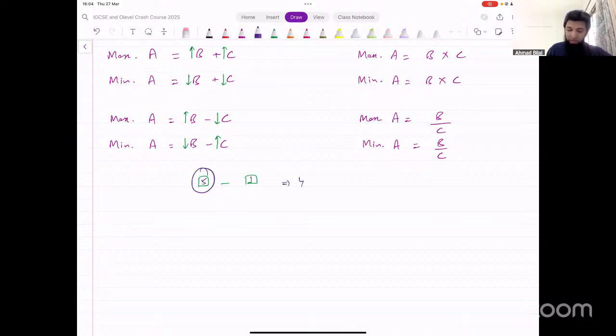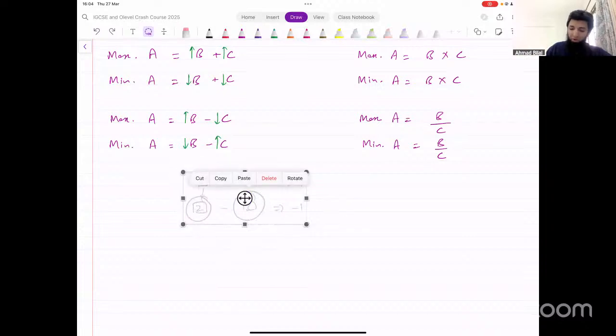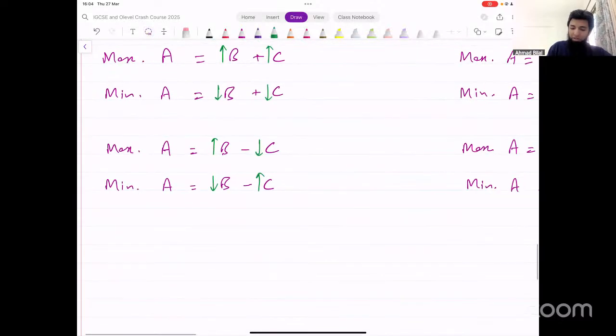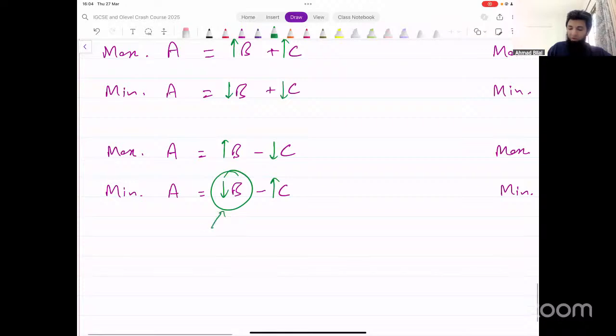But if we make this number small, let's say 2, and this number becomes bigger, you see what happens to the overall result? It becomes smaller. So if we want the overall result to be small, we would want this number to be as small as possible and this number to be as big as possible.